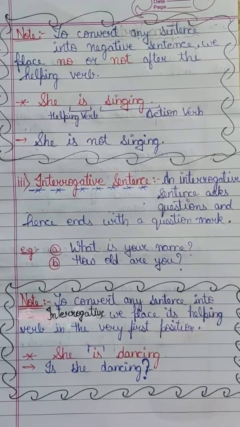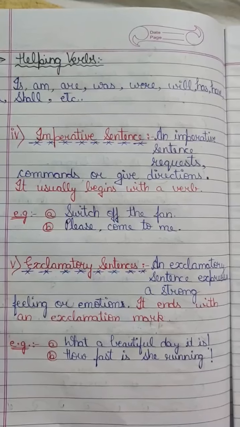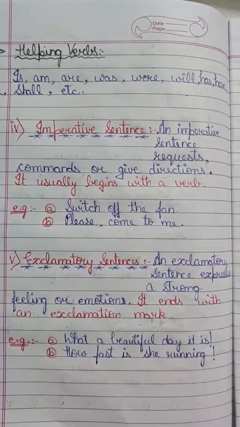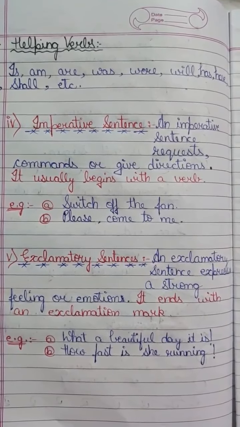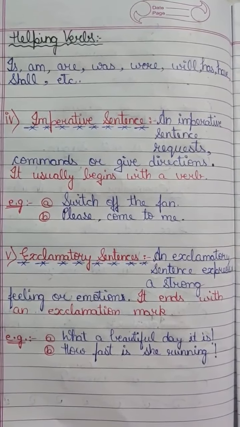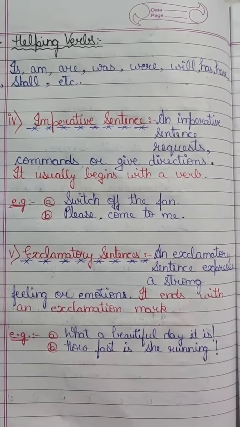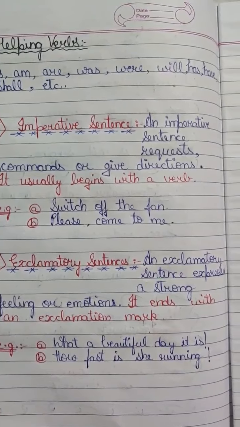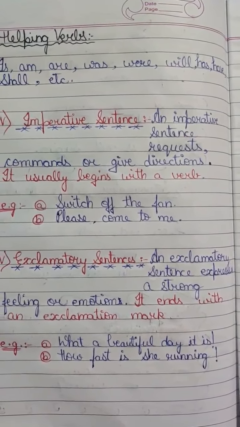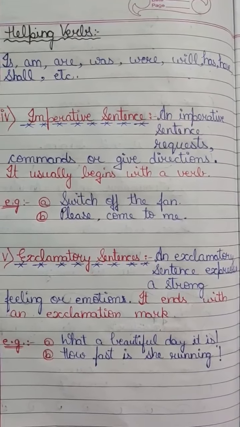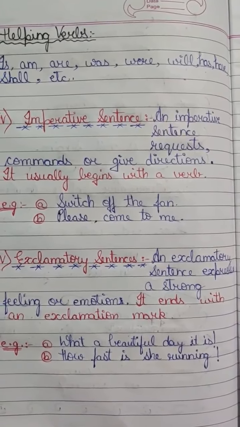We have imperative sentences. An imperative sentence requests, commands, or gives directions. It usually begins with a verb. So an imperative sentence consists of three things: requests, commands, and directions. For example, switch off the fan.